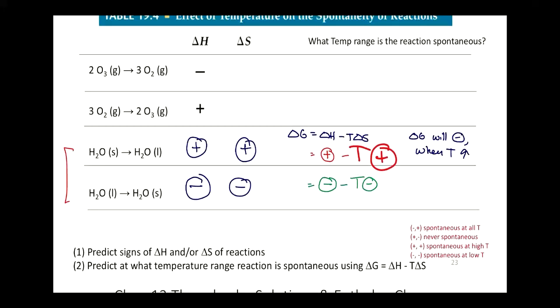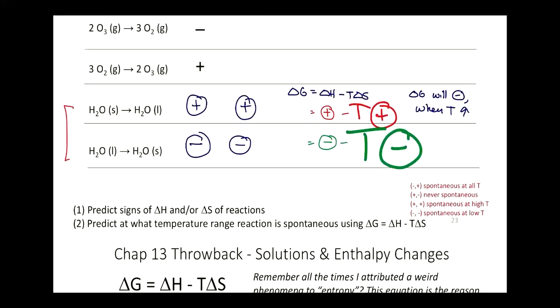When temperature is small or when temperature is big? When temperature is small, yeah. So when temperature is really small, we see that it's a negative minus a small negative value, so it stays negative. Versus if we did a negative value minus a large negative value, this would end up being positive. So the reaction is no longer spontaneous at high temperatures.